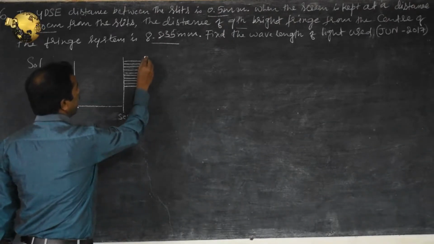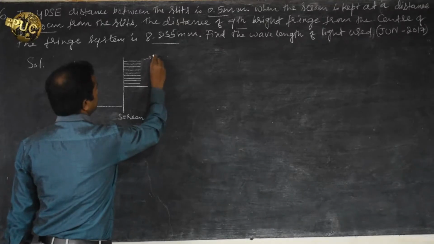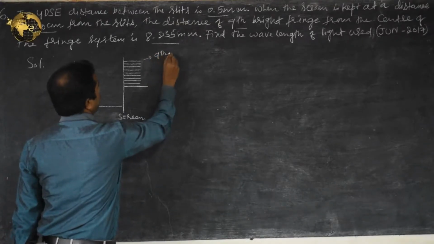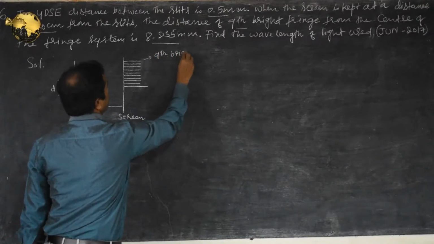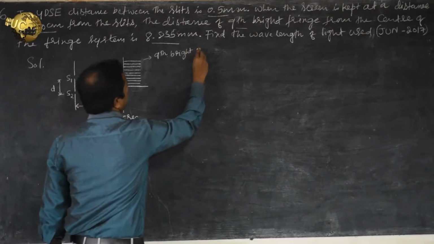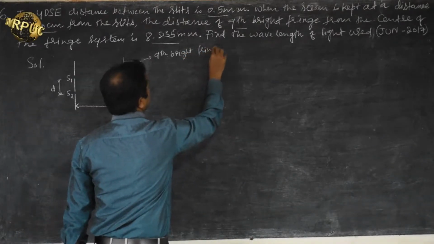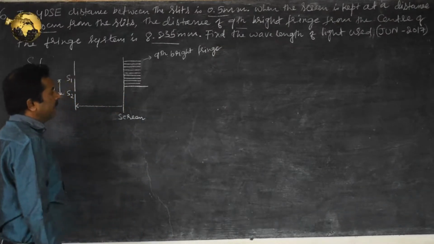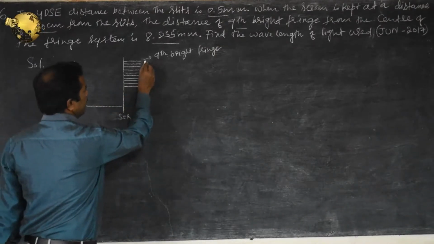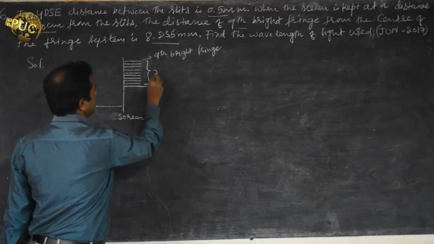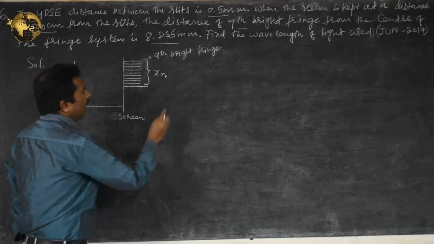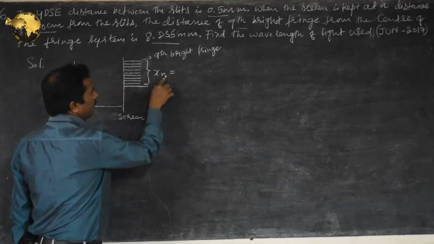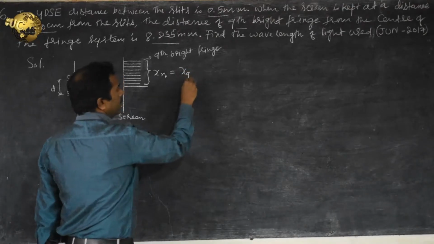This is the ninth bright fringe, the ninth bright fringe from the central fringe. So this distance will be xn, and n value is 9, so this will become x9.